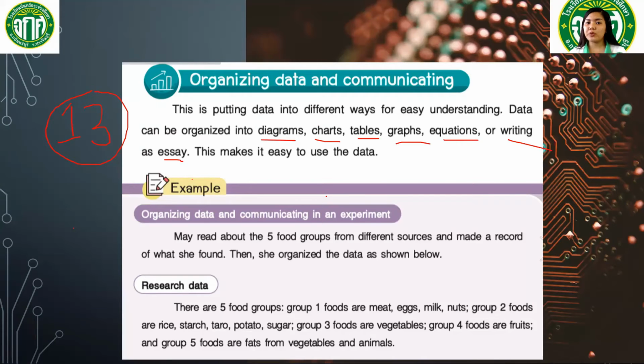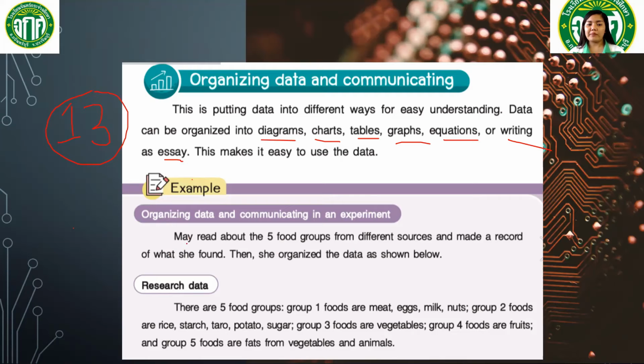So we are going to put the data into these different forms so that it will be easier for us to understand. All right, so we have here an example of organizing data and communicating.